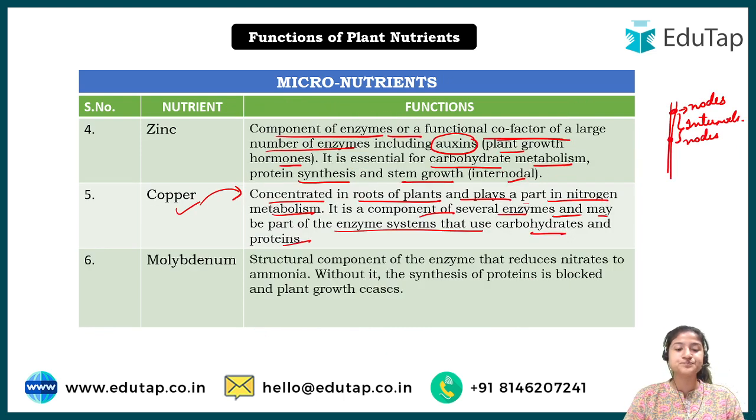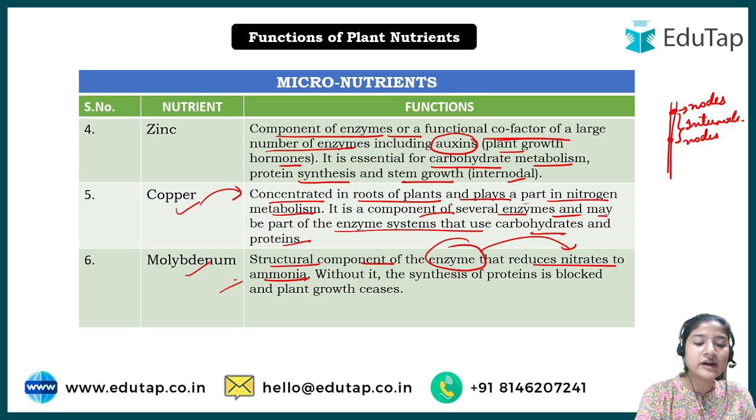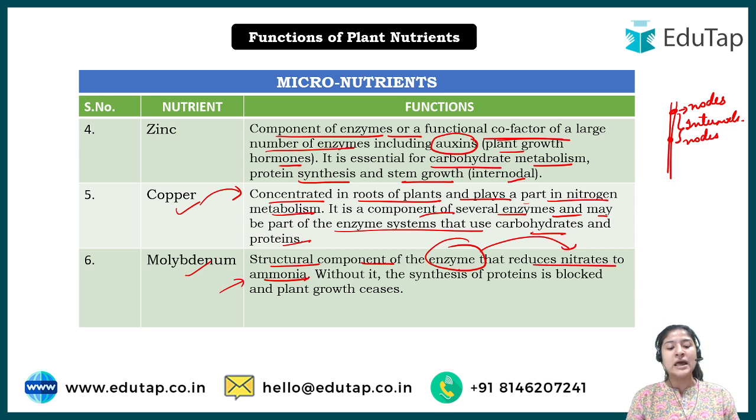All right. Next one, molybdenum. In molybdenum, it is also an important structural component that reduces nitrates to ammonia. So this particular molybdenum, it helps in what? It is a component of those enzymes that help to reduce nitrates into ammonia, which helps to break down nitrate into a simpler form, and that simpler form is ammonia.